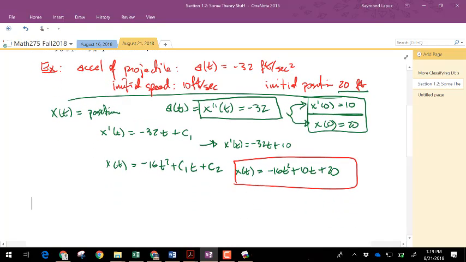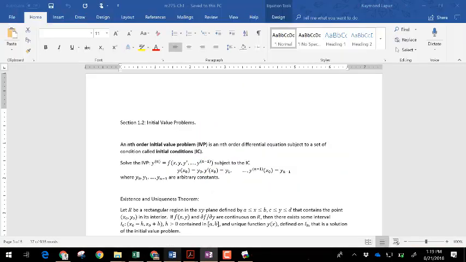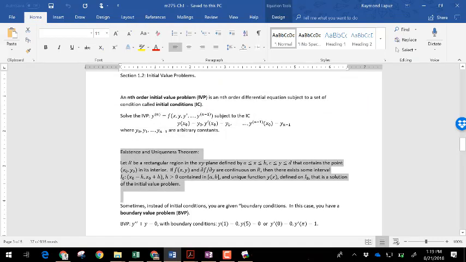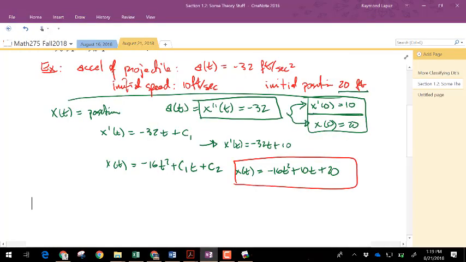All right. So now that part's a definition part. Here's a theory part, the existence and uniqueness theorem. And this could get a little complicated for us, but let's see if we can go through it.